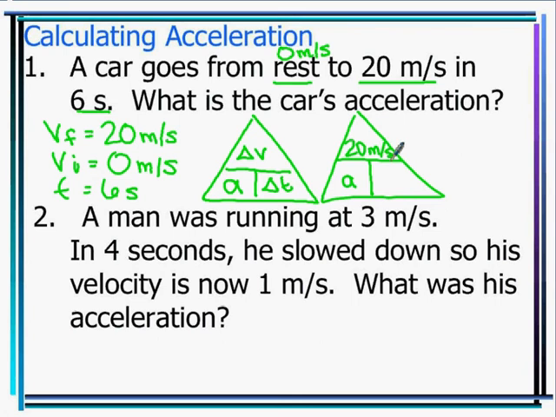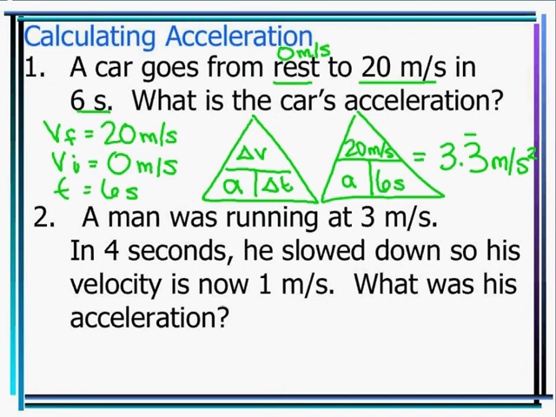And my change in time, it said it did it in 6 seconds. So when I do the math on that, I end up with 20 divided by 6, and I end up with 3.3 repeating, but meters per second squared because we have meters per second over seconds. So my change in velocity over my change in time. So let's work out another one.